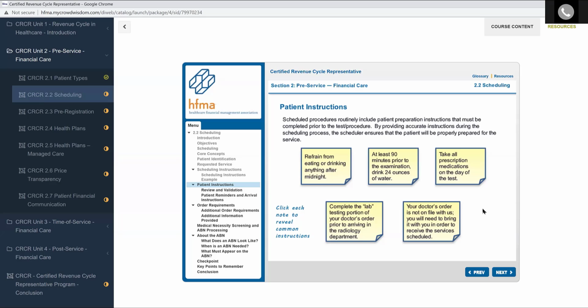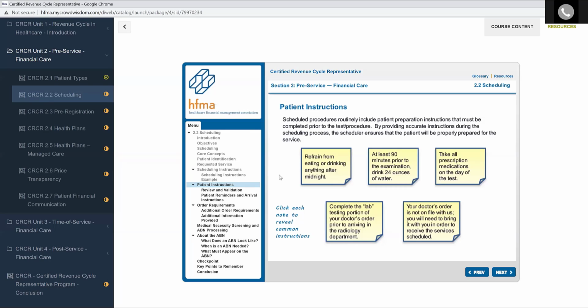Christy, correct me if I'm wrong, but sometimes they'll ask a question on the test like, what is not an example of a patient instruction, or what is an example of patient instruction? So make a little note, like sticky notes, to have available when taking the test, even though they're pretty common. All right, so moving on.